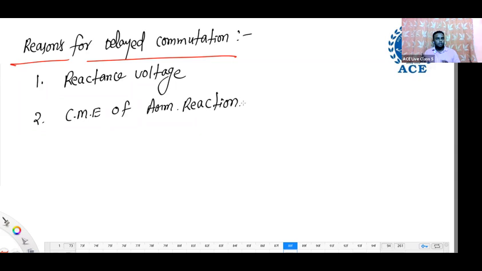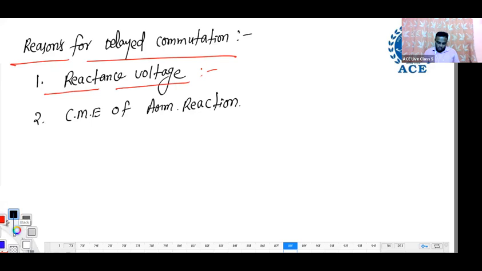So these two are the reasons for delayed commutation. First one, reactance voltage.